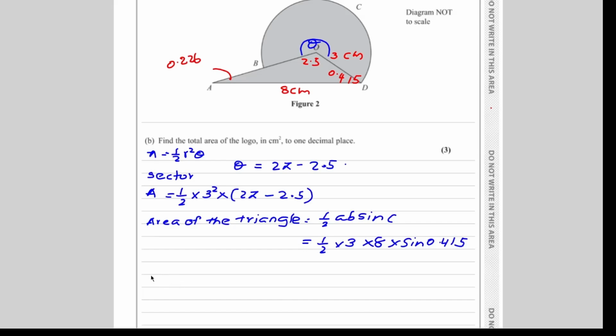Now we need to add these to get the total area of the logo. So total area equals, let's add them.